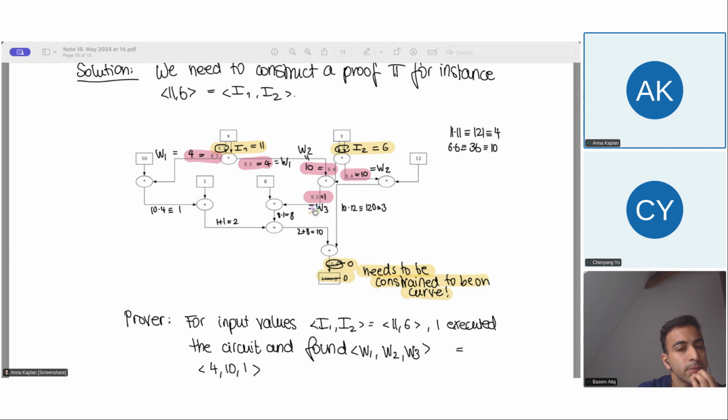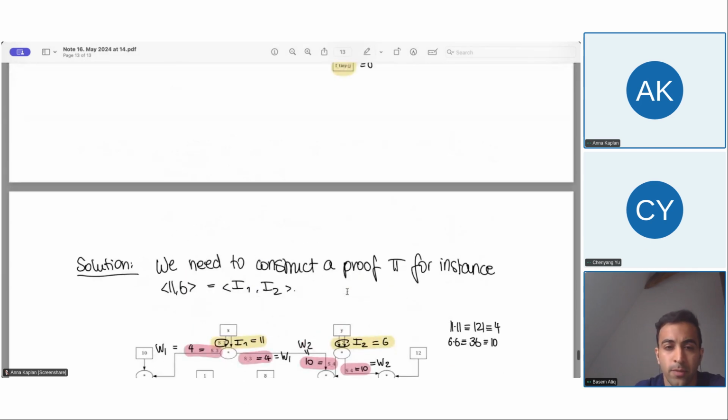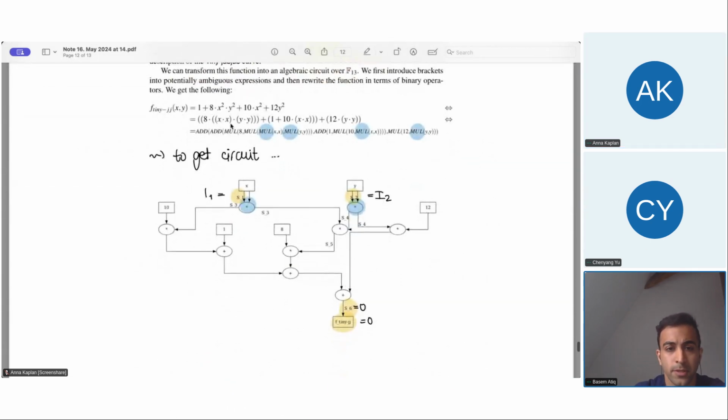Maybe you're confusing this circuit with another circuit in the book on the same problem, because it depends on how you bracket things. Right, I think I was looking at the one in the book, which is a little different from this. If you bracket it this way, you would label it.